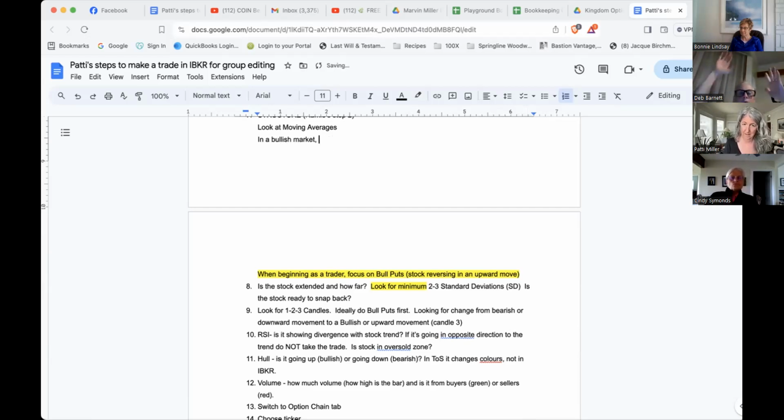So we have an upward going pyramid. 21 and 8.